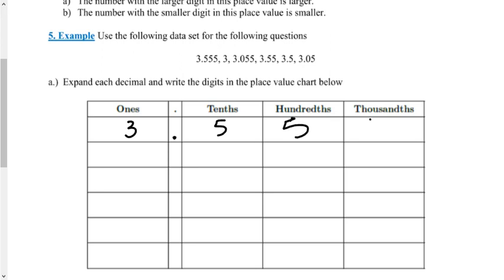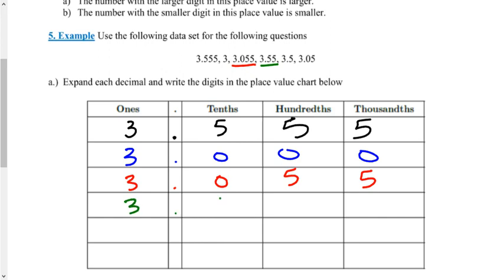So 3.555 will look like this, and then we have 3. So that's like 3.000. Then we've got 3.055. That's this one here that we just did, in case you lost track. Next we're doing this one, this 3.55, so we'll put this one here. And then of course if we don't have something, you can think about putting the 0 in.